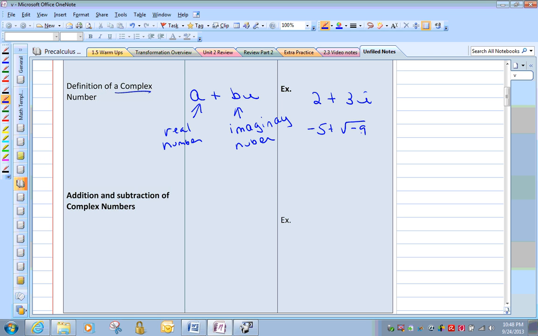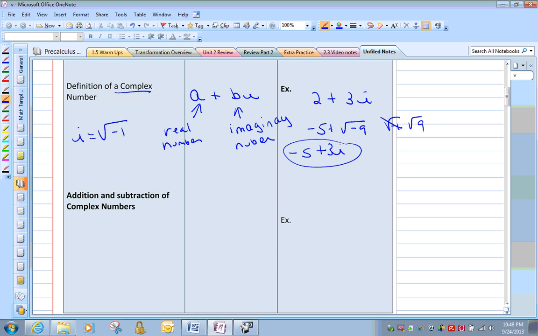Well, we know you can't have a negative under the root, so we bring out the i to replace the negative, because i is equal to the square root of -1. So this is sort of like the square root of -1 times the square root of 9. This would become the i part, and this would be 3, so 3i.